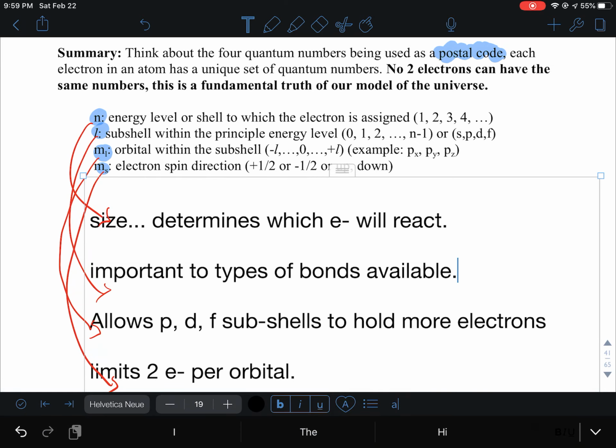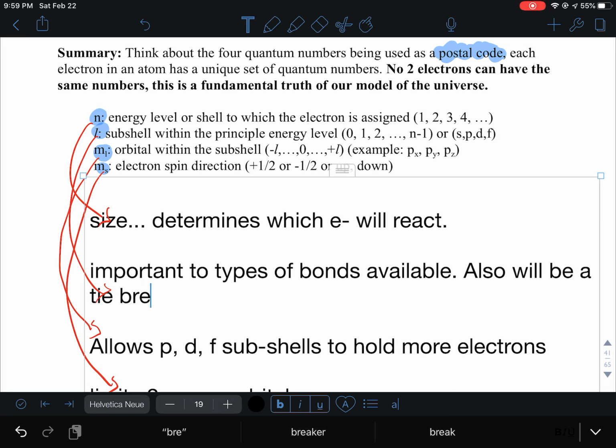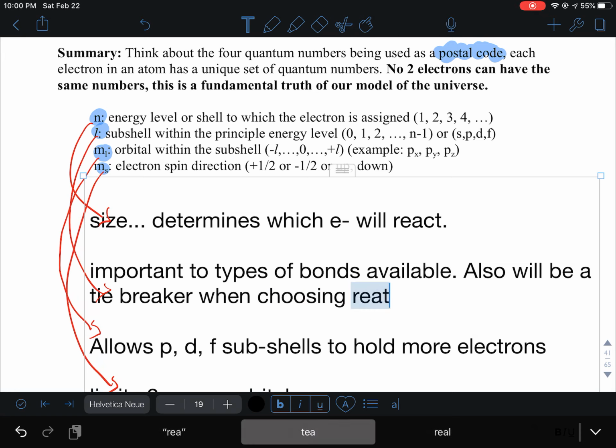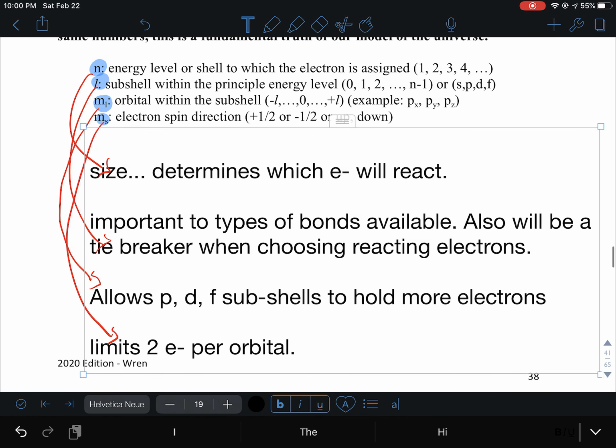It's important to determining what type of bonds you can make. It also will be a tiebreaker when choosing reacting electrons. So if you had n equals 3 with L equals 1 and L equals 0 electrons, it would be the L equals 1 electrons we'd expect to react first out of those 2.